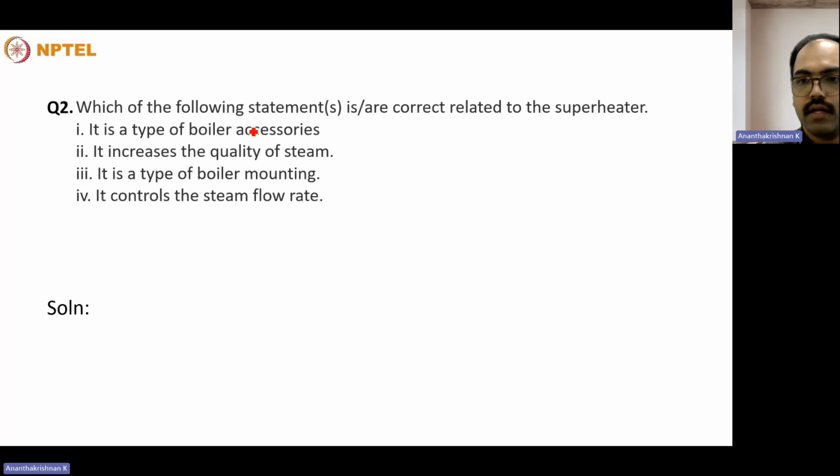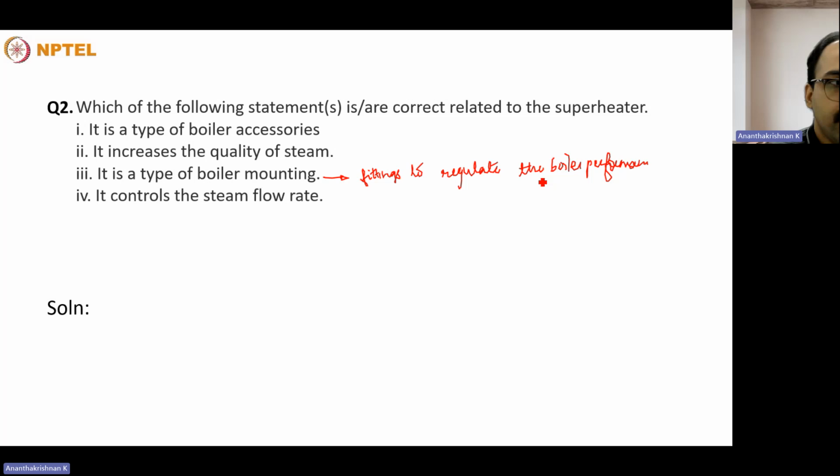So the main difference that we have to identify is whether it is an accessory or a mounting. A boiler mounting is actually fittings that are attached to control and monitor the boiler's performance. So these are fittings to regulate the boiler performance.